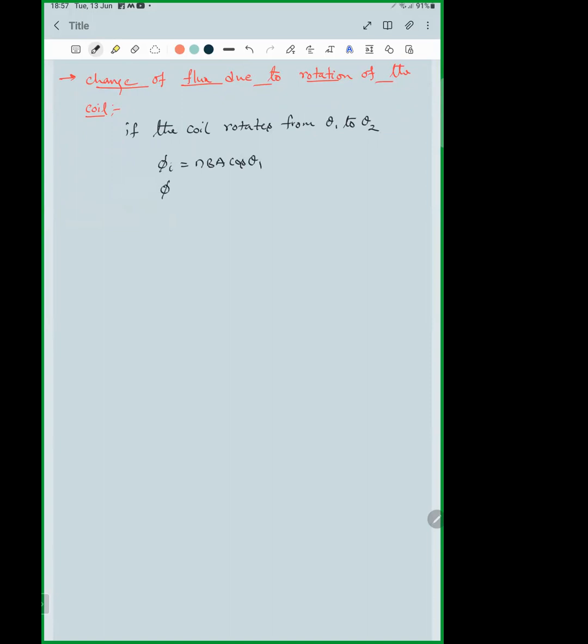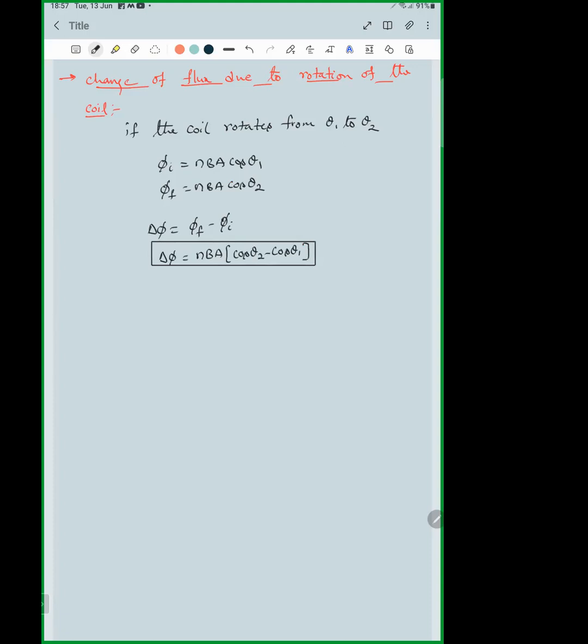Similarly, the final value is NBA cos theta 2. So what is the change in flux? Delta phi is equal to phi final minus phi initial. So delta phi is equal to NBA into (cos theta 2 minus cos theta 1).